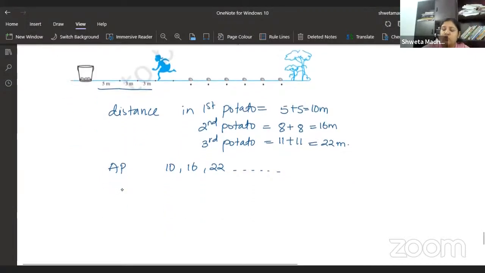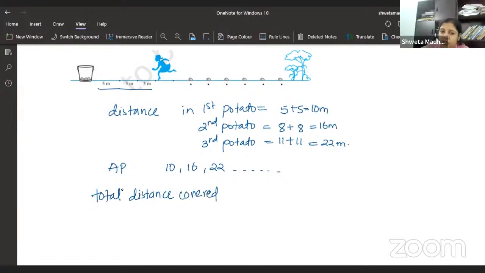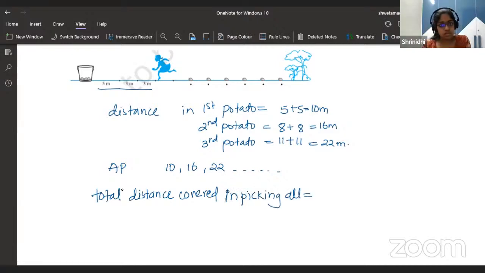For picking all 10, the total distance covered will be 370 meters. So that means we have to calculate S10, the total distance they have asked.